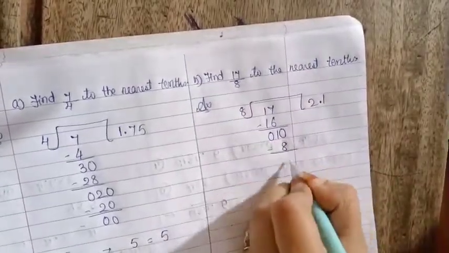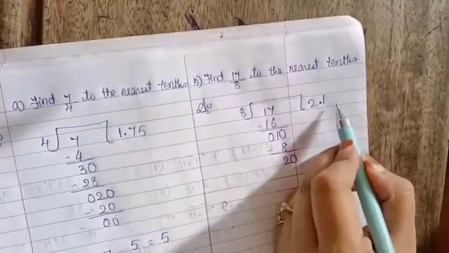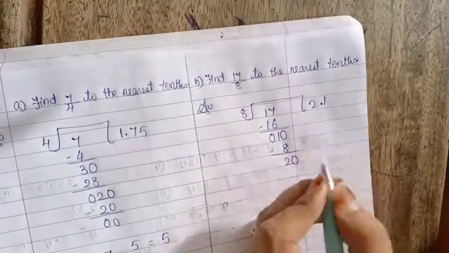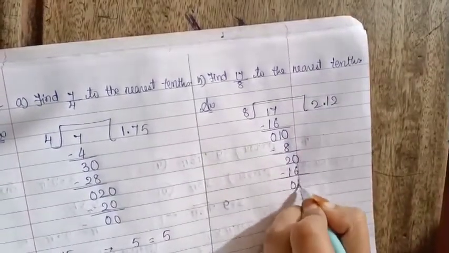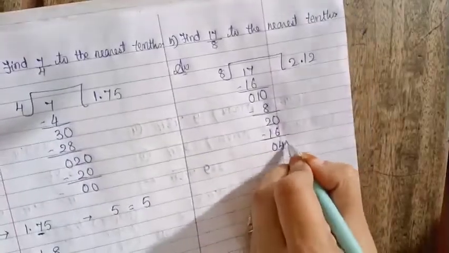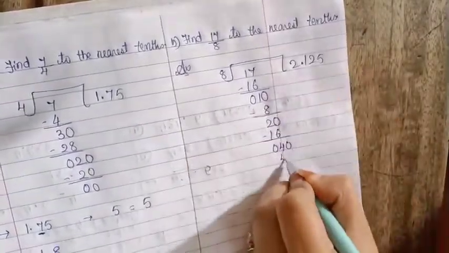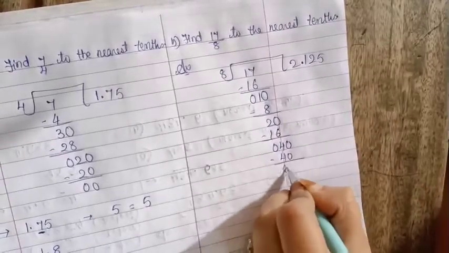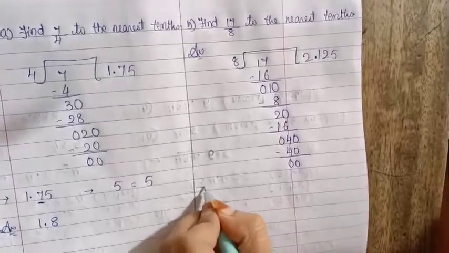So what is remaining? 2. Now again we are keeping zeros, but here we will not put a decimal again. Now 8 2s are 16. So what is remaining? 4. Now here we will put one more 0. So 8 5s are 40. Here we will do subtraction and get 0.